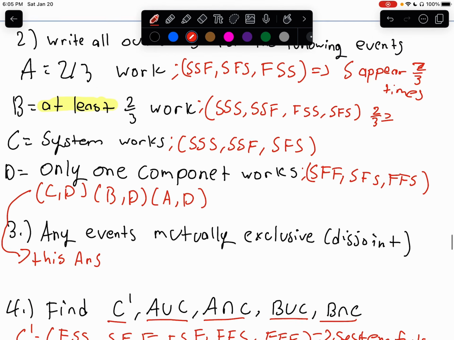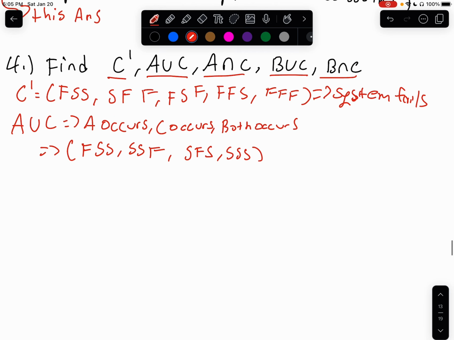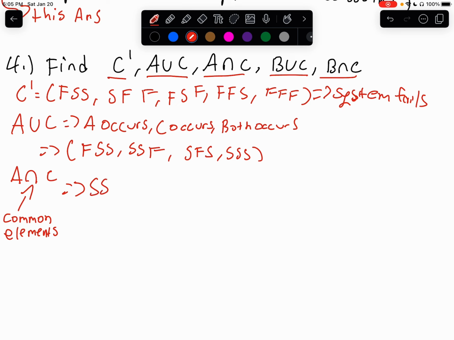So we're going off this with our question 2. All right, A intersect C. Now we're trying to find common elements, so this is going to be a little bit smaller. As we go through our common elements, we notice that SSF, succeed, succeed, fail, and succeed, fail, succeed appear.